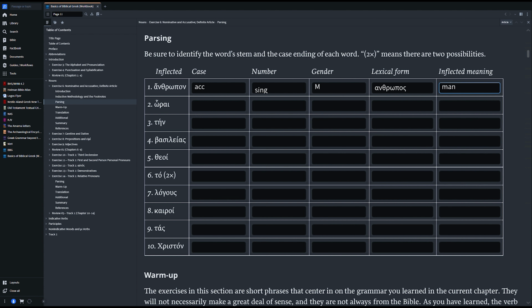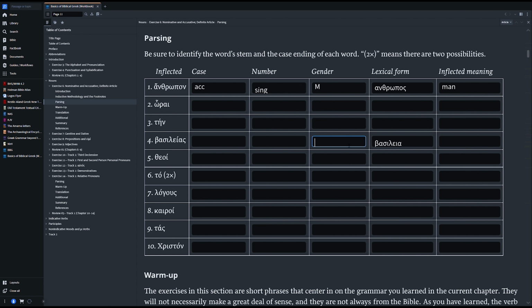And that's it. All right, let's do Vasilias, number 4. So you're going to type in, or I guess you're writing it out, Vasilia. Vasilia is the lexical form. And if you want to, you could add the article, which we haven't learned articles yet, so never mind, don't do that.